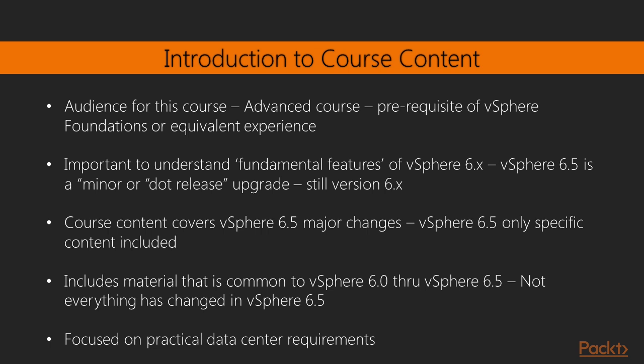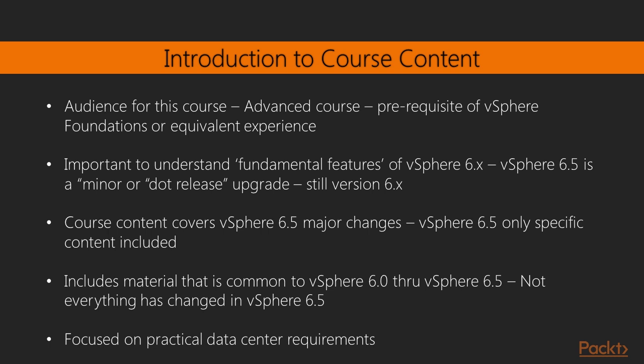A second important point to understand is that vSphere 6.5 is a minor or a dot release upgrade, but it is still version 6.x. So when vSphere was released, it was version 6.0. There were some updates. It came up to vSphere 6.0 update 2, and then vSphere 6.5 was released in late October of 2016.